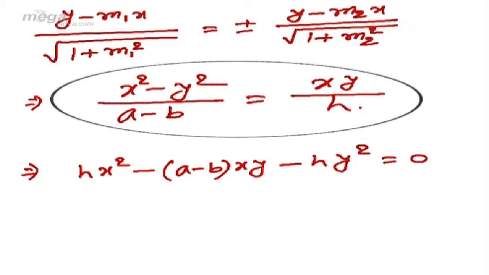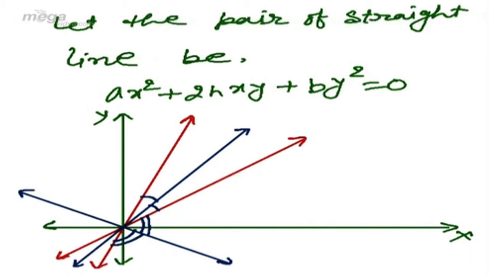So when you find the coefficient of x square plus the coefficient of y square, you will get the result equal to 0. It means the angle bisectors are always perpendicular to each other. So this angle bisector and this angle bisector both are perpendicular to each other.